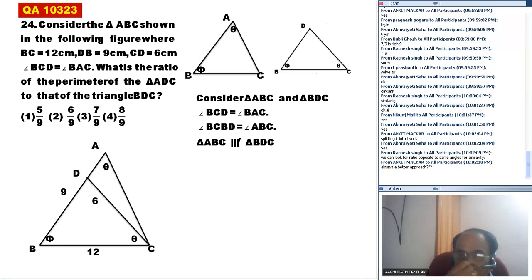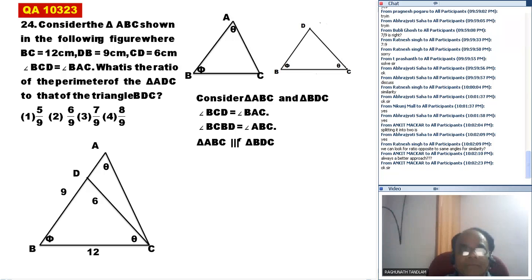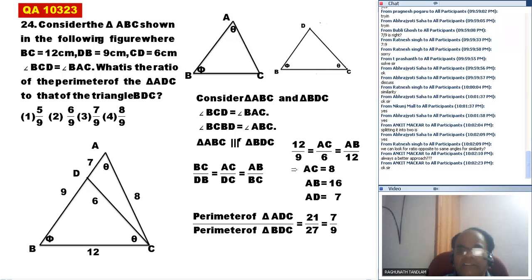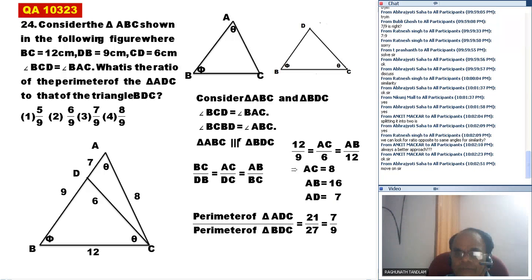Otherwise, I'll miss out some numbers somewhere. We know that BC by DB equals AC by DC equals AB by BC. We know BC is 12, DB is 9, AC I don't know, but I know DC is 6. From that I get the values. Once I fill out the values, it becomes easier. 7 by 9. It's always easier, otherwise we'll get confused.